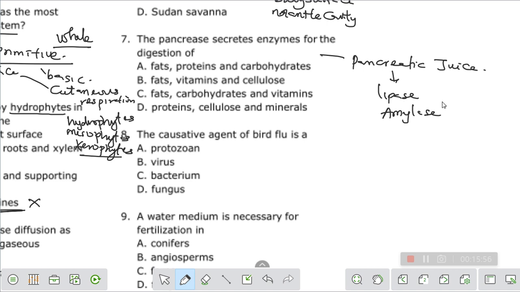So this enzyme lipase works on fats or lipids. You know that fat is just like lipid also, right? Fat and oil. So it means lipase is for lipid. Now amylase is like starch. So amylase is an enzyme that works on starch. Now trypsin works on proteins or peptones.